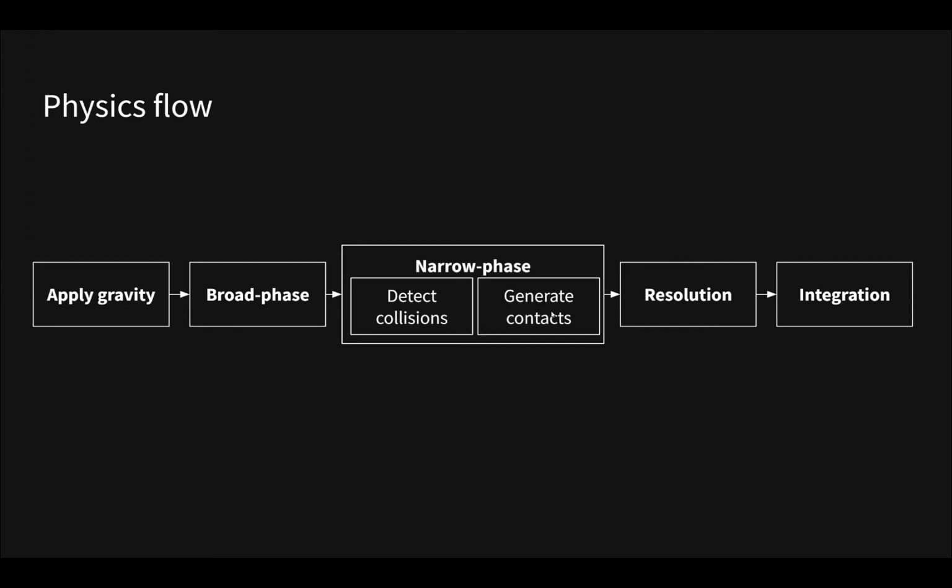Contact points are points on the shapes, between two shapes, where they are colliding, because that's important too when we need to determine how we want to separate the shapes after they've collided. And that's what we do in the resolution step. We take all the contact points we've generated and we try to solve them. We push them apart. And I will talk about how we go about doing that in a little bit.